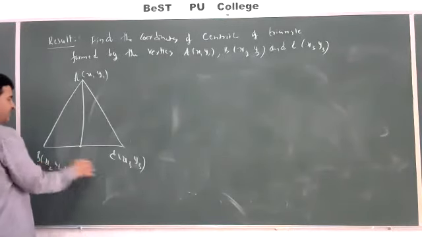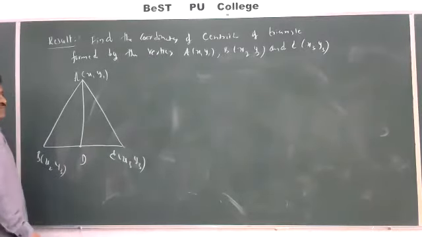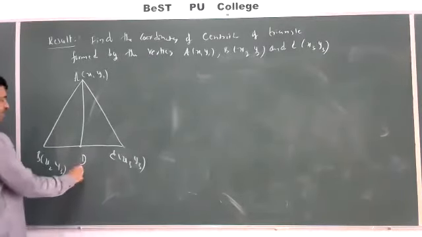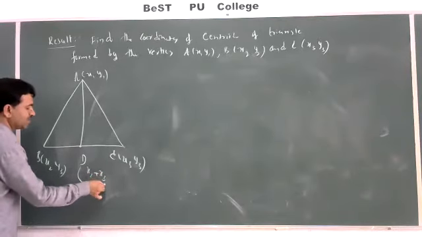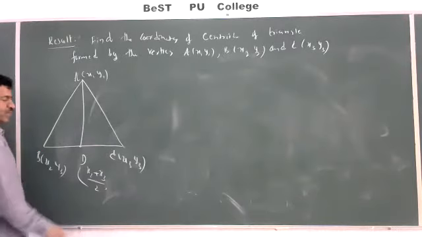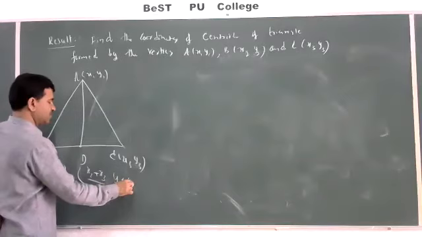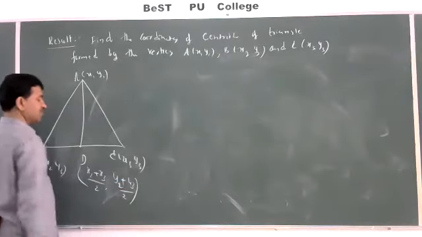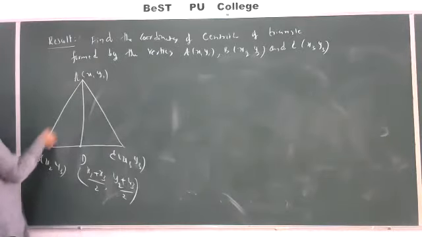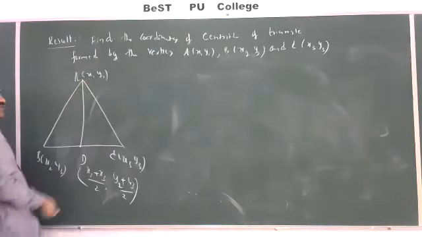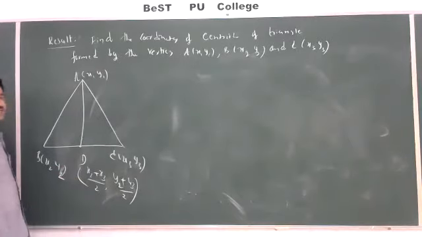Okay, let the midpoint of B and C be D. What are the coordinates of D by the midpoint formula? ((x2 plus x3) by 2, (y2 plus y3) by 2). Just listen to me everyone. Consider a triangle ABC in which A is (x1, y1), B is (x2, y2) and C is (x3, y3).